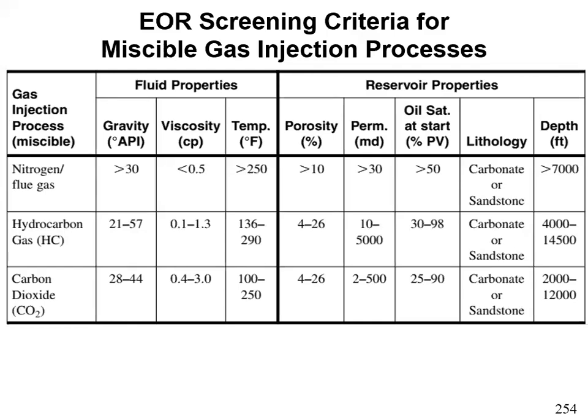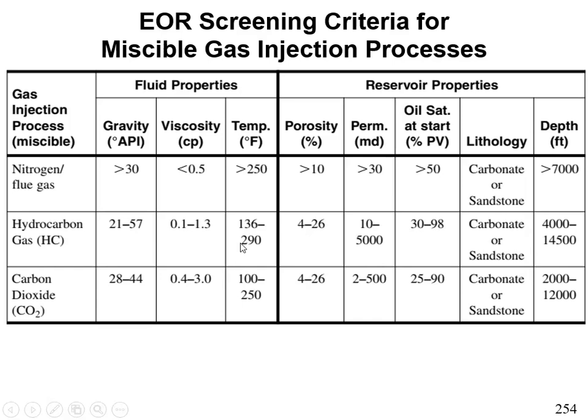Now, the next three tables are tables extracted from Petroleum Engineering Practice by Nnaemeka Ezekwe. And in his case, he had tables specific to the different methods. So for miscible gas injection, you see that to the left, these are the major methods: nitrogen, flue gas, hydrocarbon gas, carbon dioxide.